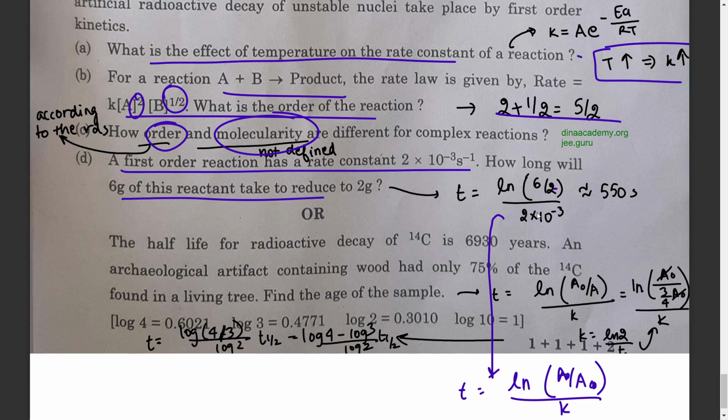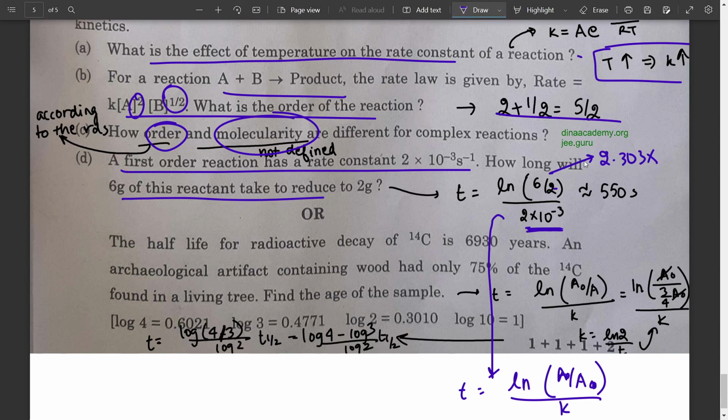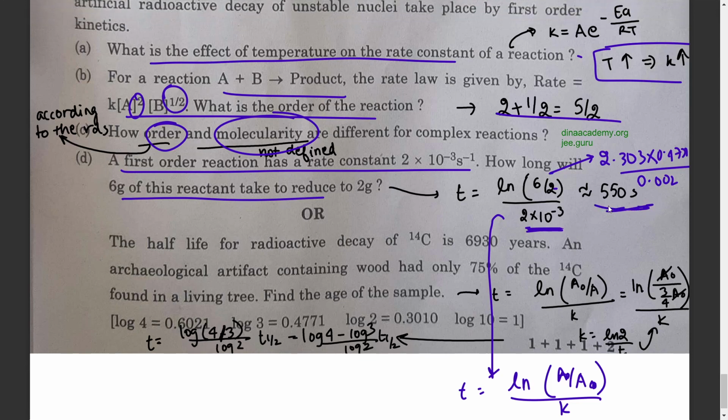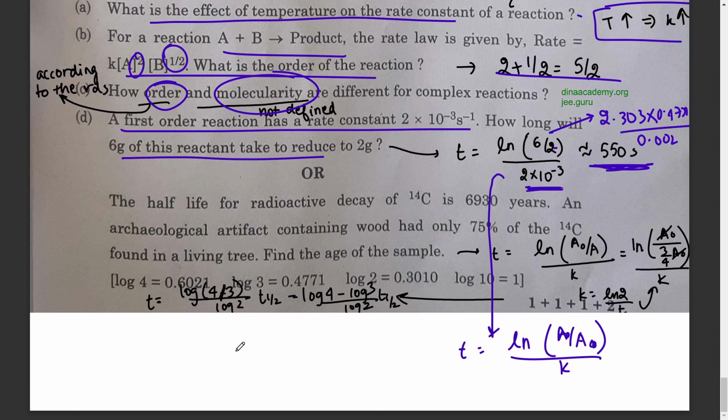So the natural log of 3 divided by 2 into 10 to the power of negative 3. You will write this as 2.303 into the log of 3. So that is 0.4771. And then you divide this by 0.002. It gives an answer of about 549 seconds. So approximated to 550 seconds.